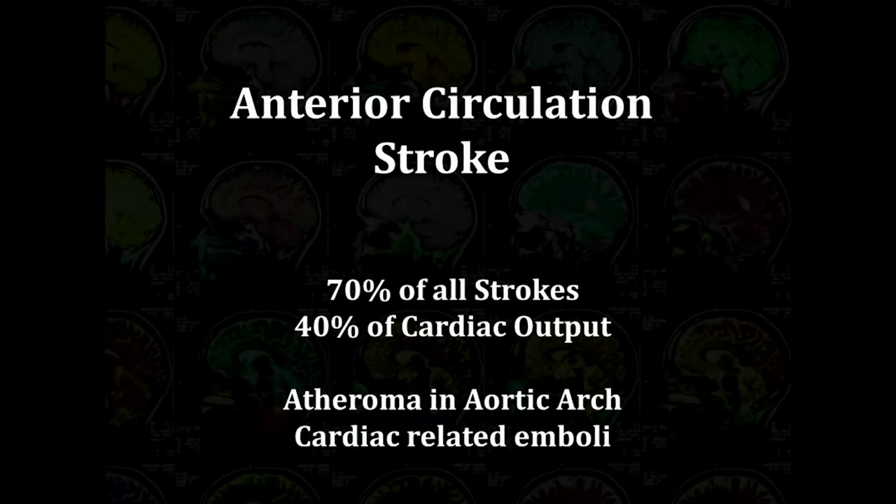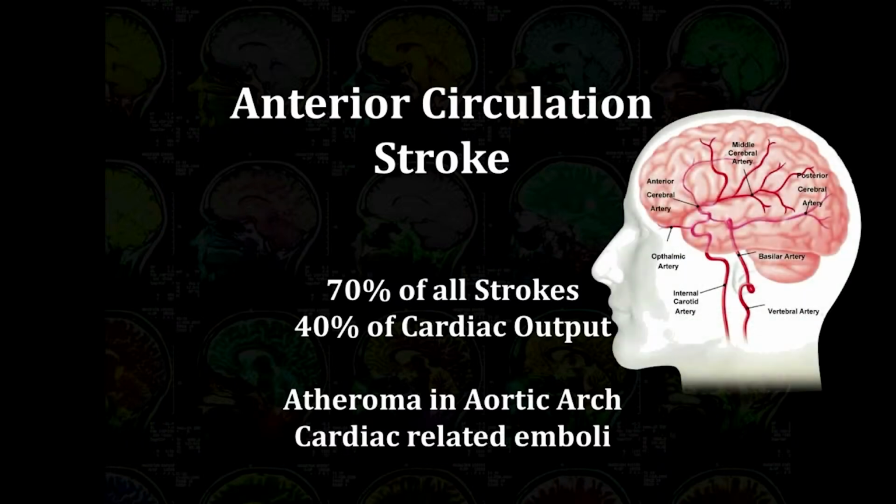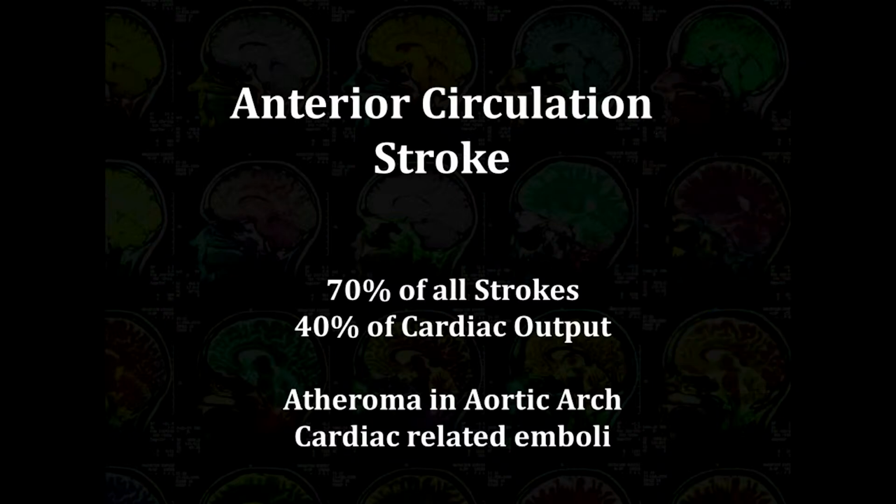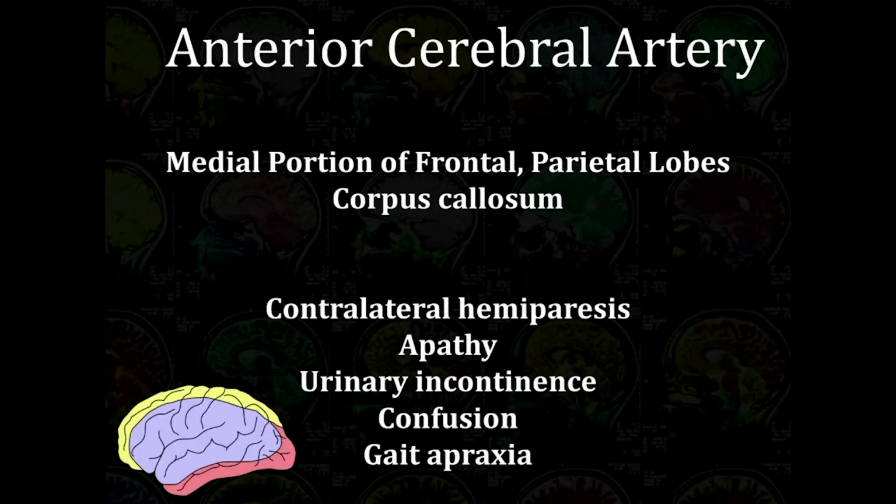It's important to understand where these originate. They originate from a breakdown in the walls of the aortic arch. That's called an atheroma. And then we obviously have embolic disease processes where we have plaque rupture that travels up through the heart into the brain through the internal carotid artery.